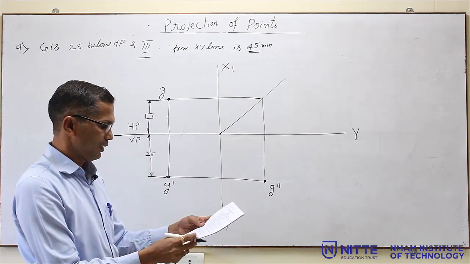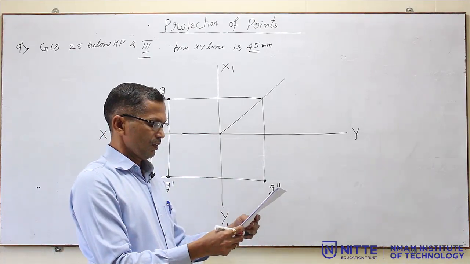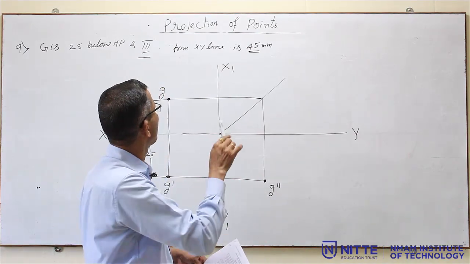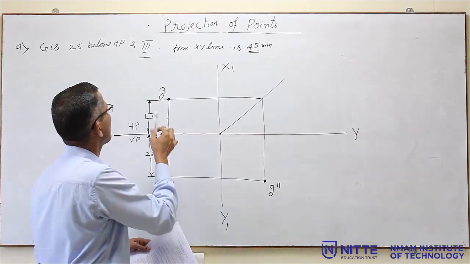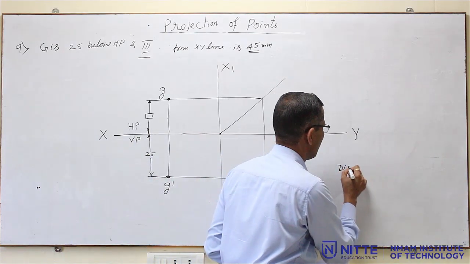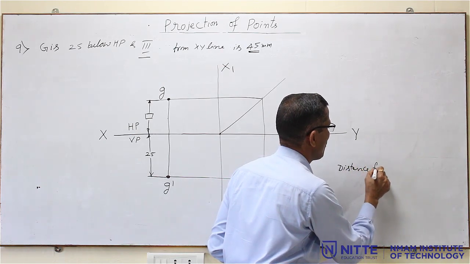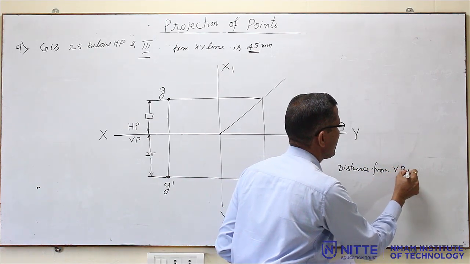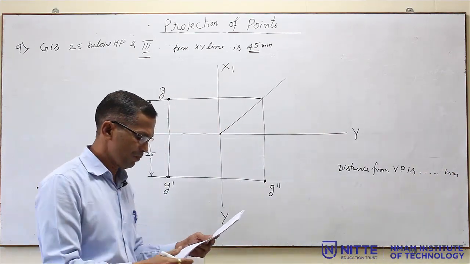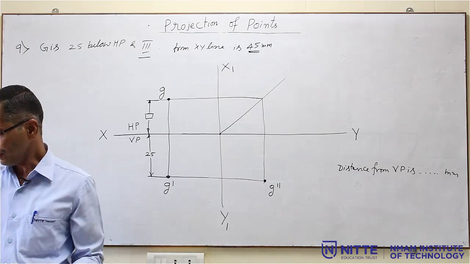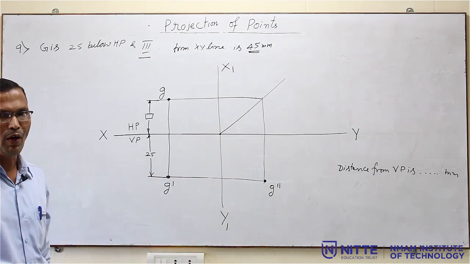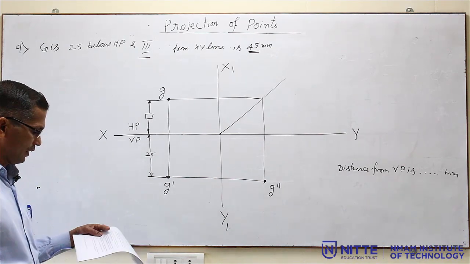They have asked to draw its projection and find its distance from VP. So, you have to write here, distance from VP is so many millimeter. So, this is the solution for the problem number 9.